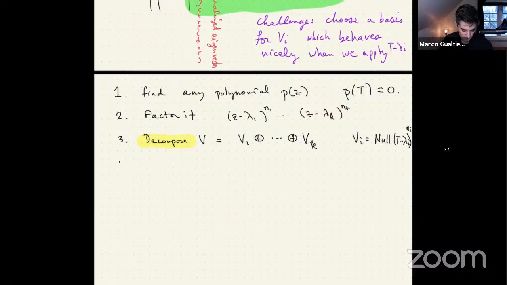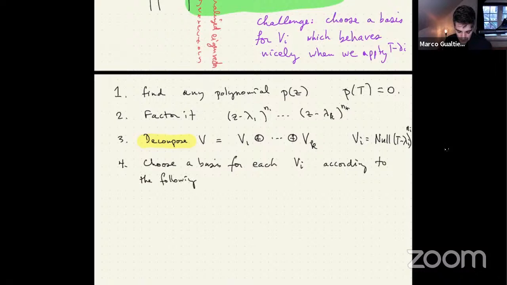Okay, and then choose a basis for each Vi according to the following procedure.